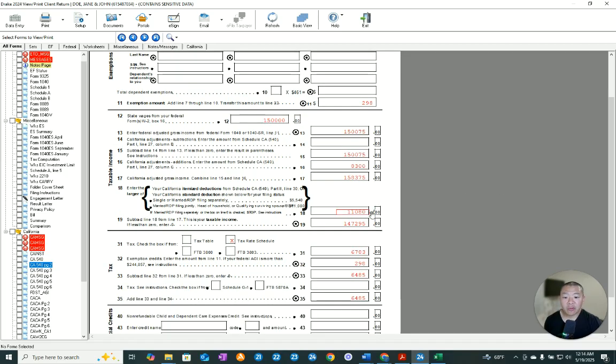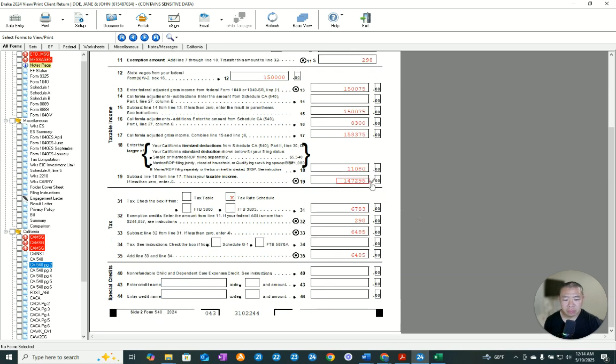We'll take the California standard deduction, which is different from the federal standard deduction. Taxable income is 147,295. Tax is 6,783. The exemption credits are 149 times 2, since there are 2 people. And therefore, the net tax owed is $6,485.